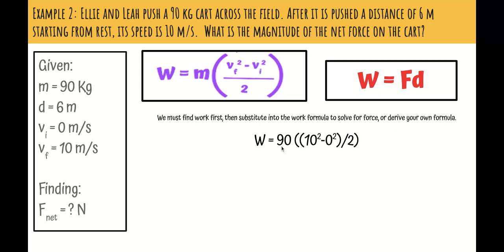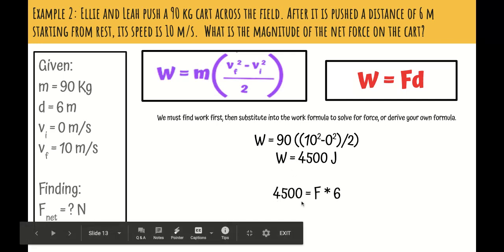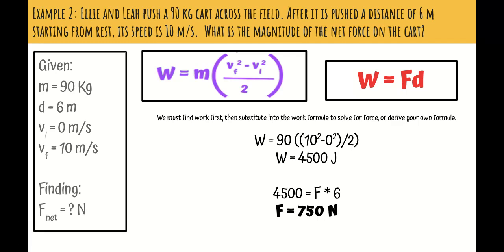We're going to substitute in the mass, which is in kilograms, multiplied with the final velocity squared minus the initial velocity squared, all divided by 2. That gives us work of 4,500 joules. Now we can substitute 4,500 joules of work into the red formula, set that equal to the force times the distance, which is 6 meters, to solve for an overall force of 750 newtons being applied.